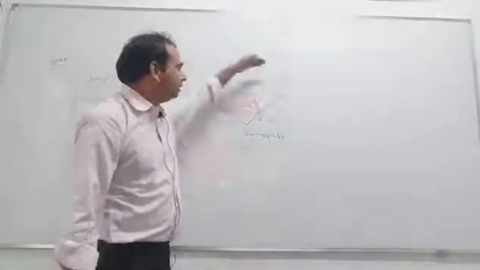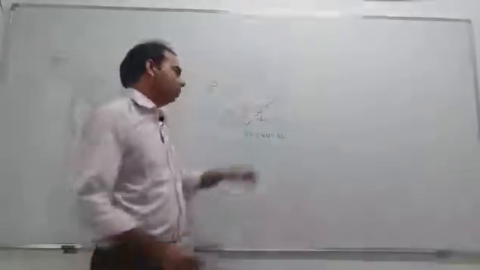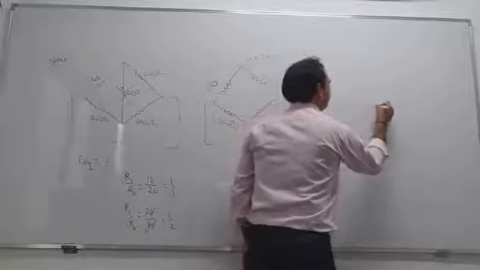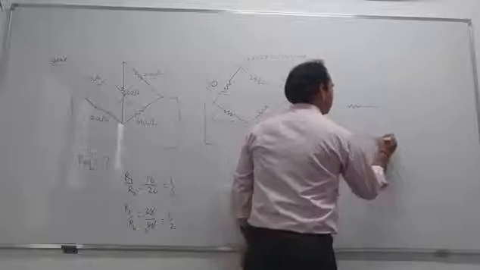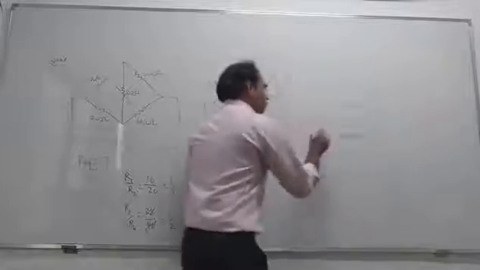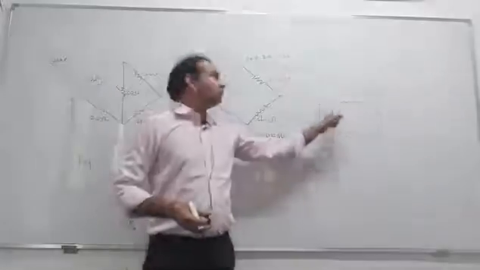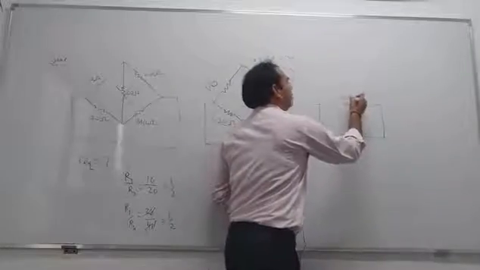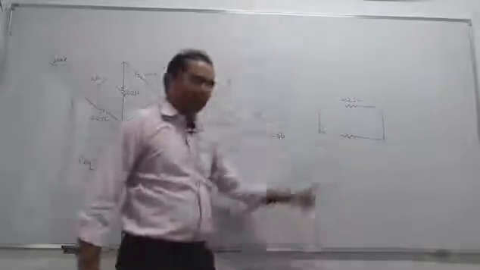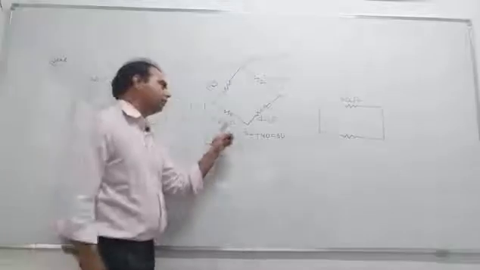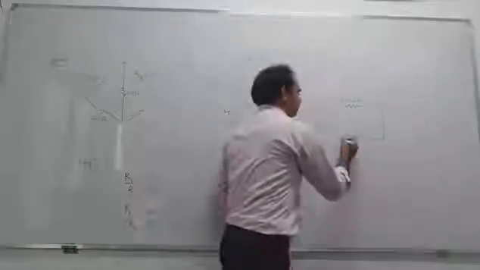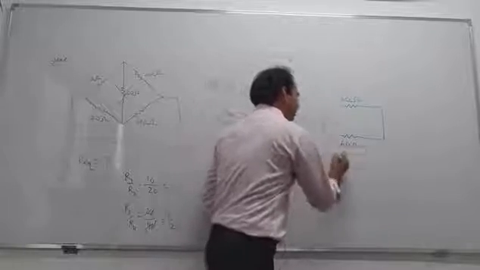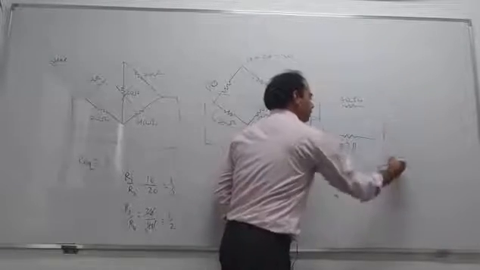Let us reduce the circuit like this: this is the combination of these two with value 30 ohm, and this is the combination of these two with value 60 ohm, and these are the connections of the battery like this.